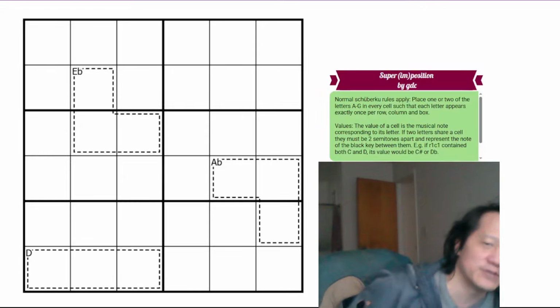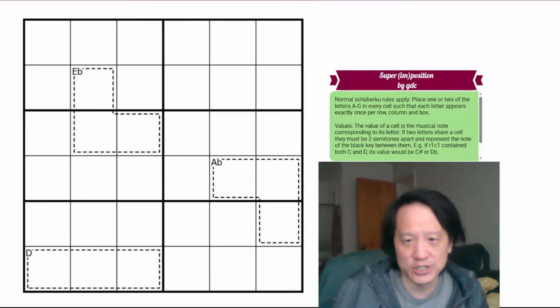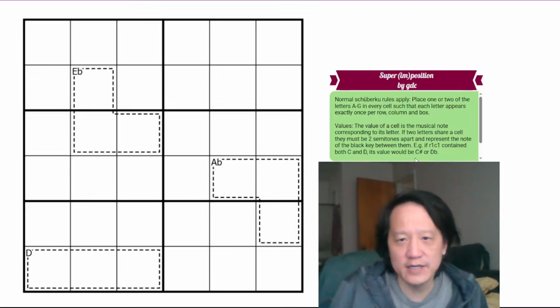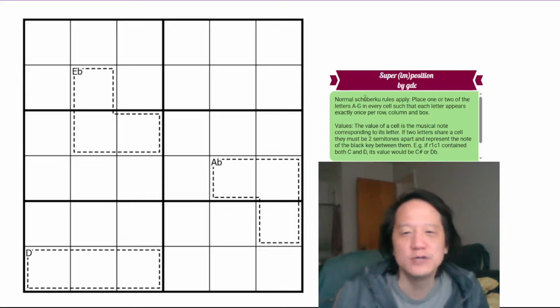Today's very easy puzzle is called Superimposition by GDC. And here are the rules. We have normal Schuberku rules apply. I don't know what that is. It sounds like it's from Schubert, Schuberku.